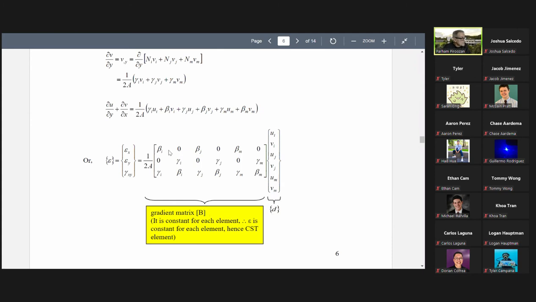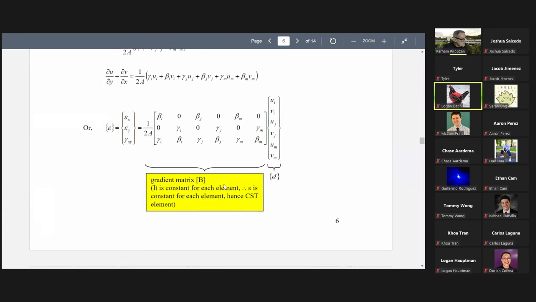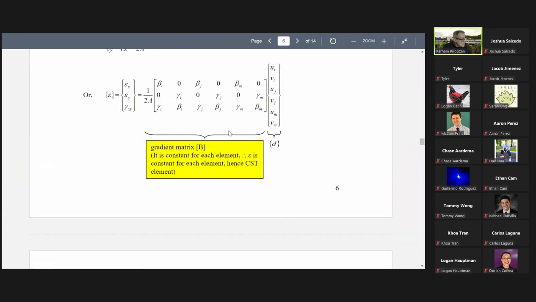This B matrix, everything comes out to be constant. As you see, these are betas, these are gammas, these are nodal coordinates. So everything comes out to be constants. They are not functions of X and Y, in other words.